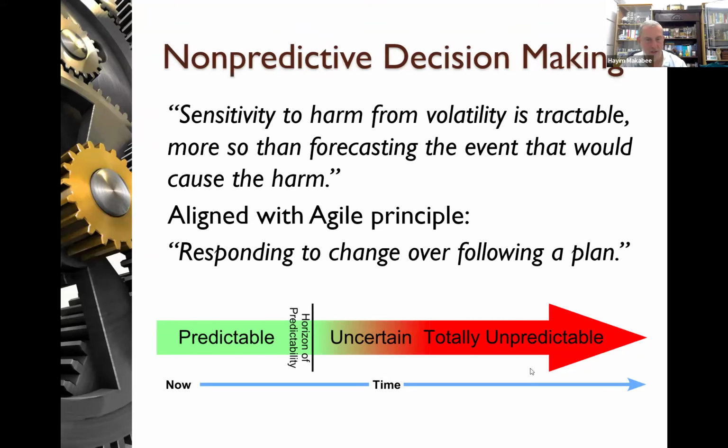Then as you get far from the present on the timeline, things become very uncertain, and when you are very far, they are totally unpredictable. And today, this horizon of predictability is very close to us, because the world is changing so fast that even regarding a few months, it's difficult to make a prediction.